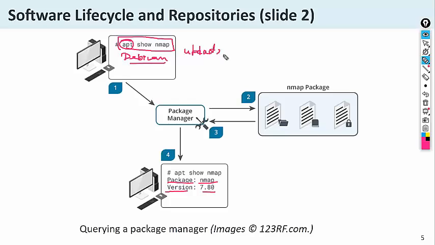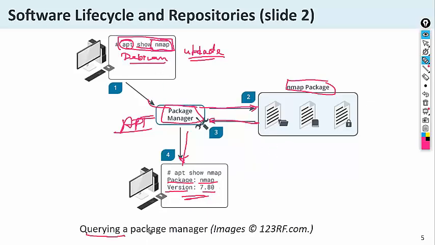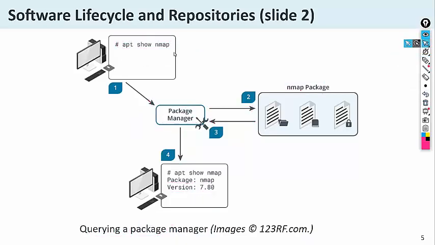Once we update the repository, when we get any information related to a package name, the request first goes to the package manager. The package manager is apt, and it will forward this request to the nmap package which is installed. Then it will display the version of the package. It means this is generating a query related to the package through the package manager. Okay, you just open Kali Linux and then run this command.